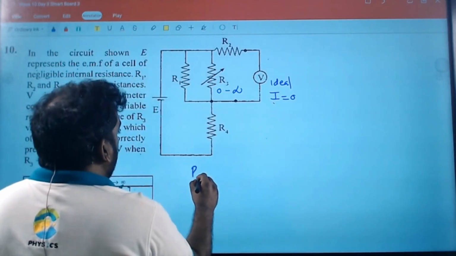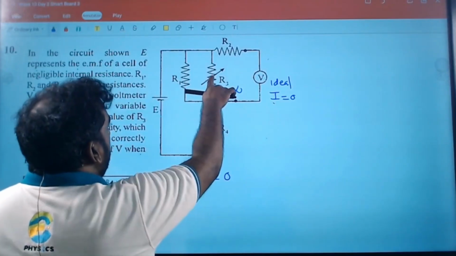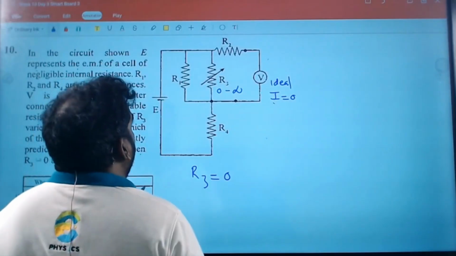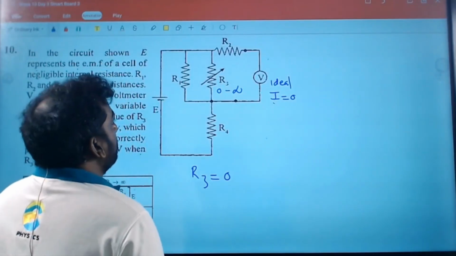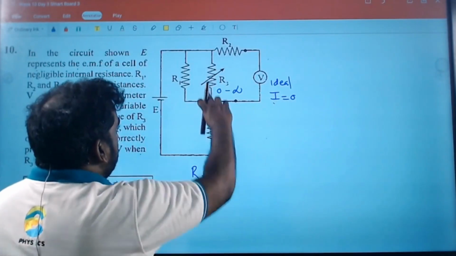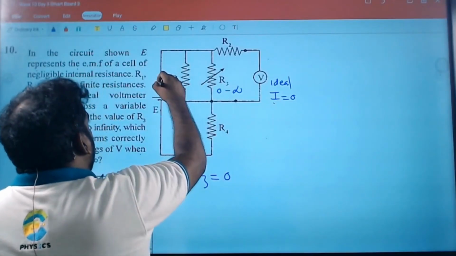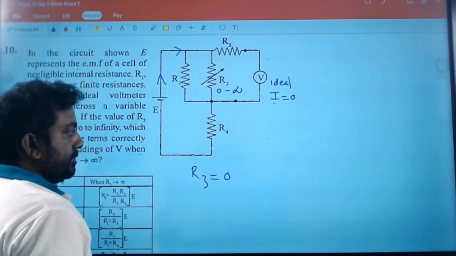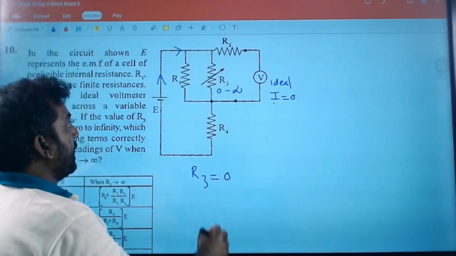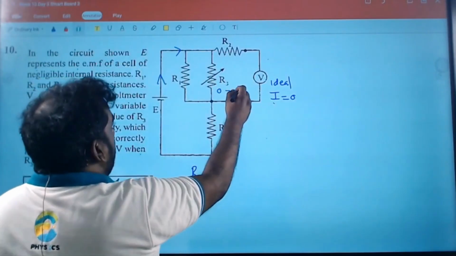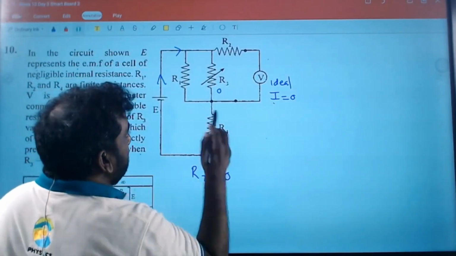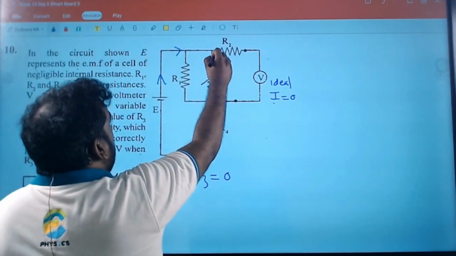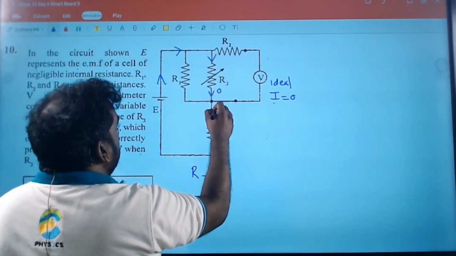When R3 equals 0, that's a non-resistant wire. You are short circuiting it. If you are short circuiting this, current will come this way and go through that. So the moment you short circuit, I'll draw it here itself. When you analyze it, draw it separately. Current will go through this.